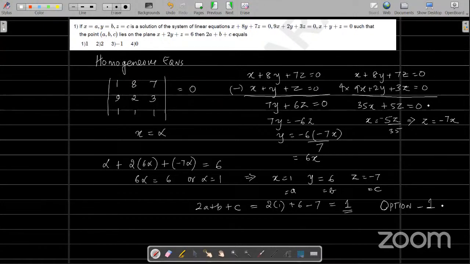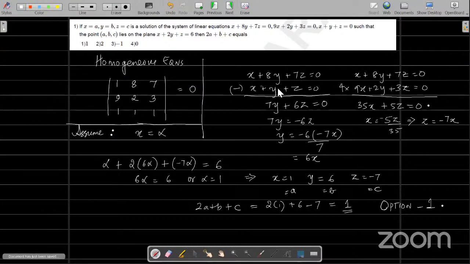Okay, so carefully observe. This verification part is left to you. You can do this part. What I have done is assume x equal to alpha. Then I try to eliminate x in one so that y is written in terms of x, or you can eliminate one of the variables, which I have done here and resubstituted.